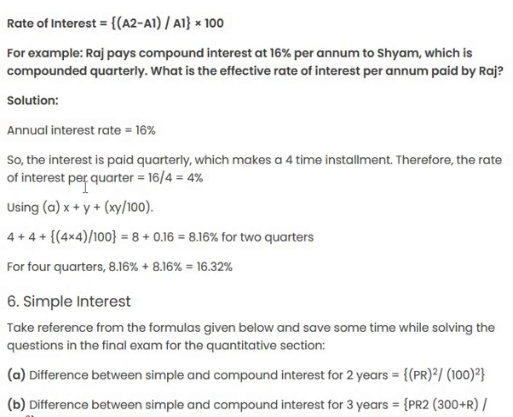Therefore, the rate of interest per quarter is 16 divided by 4, which is equal to 4%. Using x plus y plus within brackets xy divided by 100: 4 plus 4 plus within brackets 4 into 4 divided by 100 is equal to 8 plus 0.16 is equal to 8.16 for 2 quarters. For the other 2 quarters, 8.16. So 8.16 plus 8.16 is equal to 16.32.